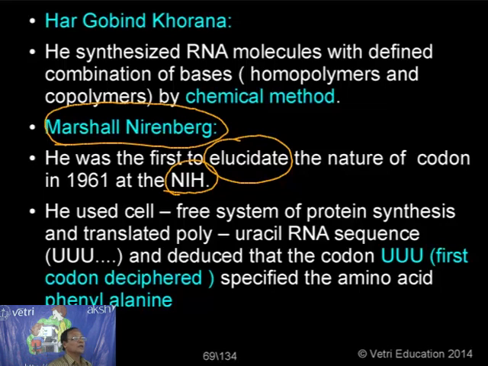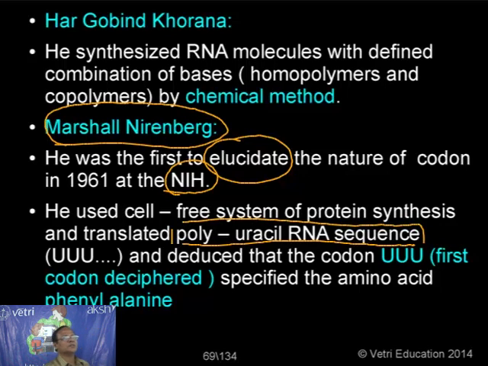Now what did he use? He used a cell-free system, without any cell. Without any living medium, he synthesized protein. He also simply translated a sequence of RNA, the polyuracil RNA sequence.